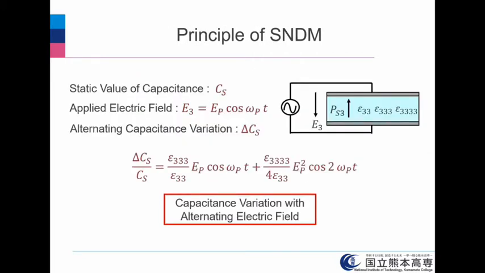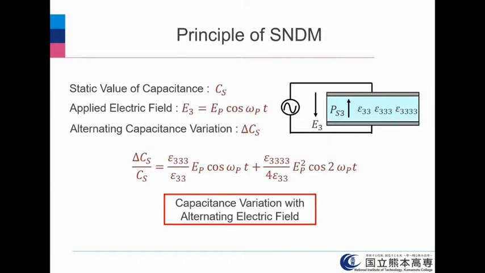Next, I will tell you how we evaluate epsilon 3. Here, we think of a parallel plate model of a capacitor. The capacitance depends on the dielectric constant epsilon 3.